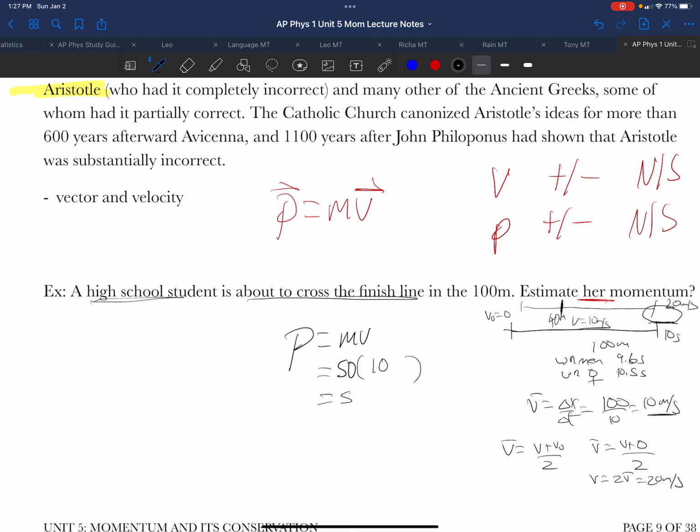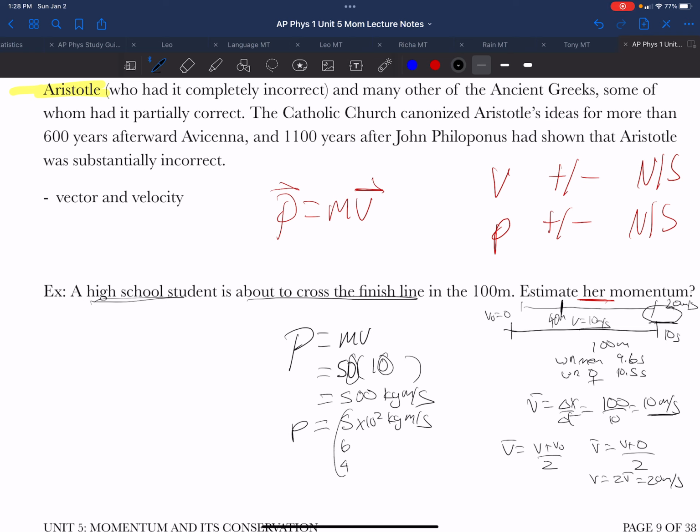But if we went with that 10 meters per second, we know we're going to be somewhere close to that. So 50 times 10 is 500 kilogram meters per second. Now the 50, we don't really know, and with this, the uncertainty is probably here. So what we're going to say is really about 5 times 10 to the second kilogram meters per second, which means we don't know if it's 6 or 4.